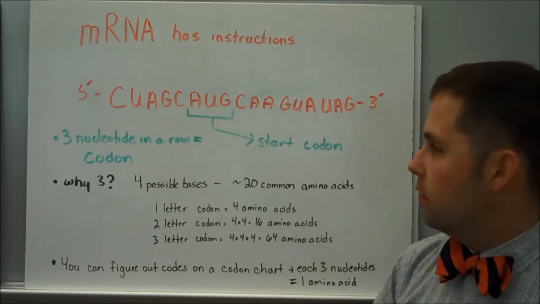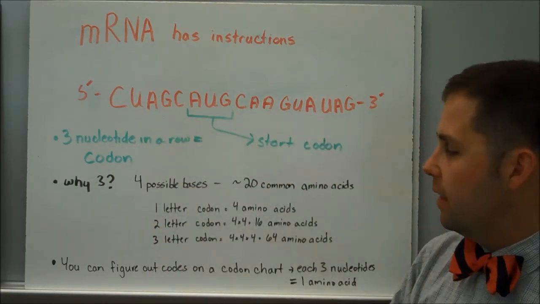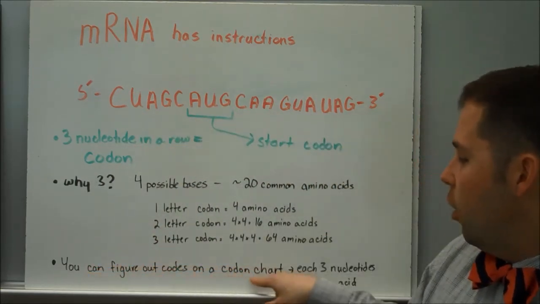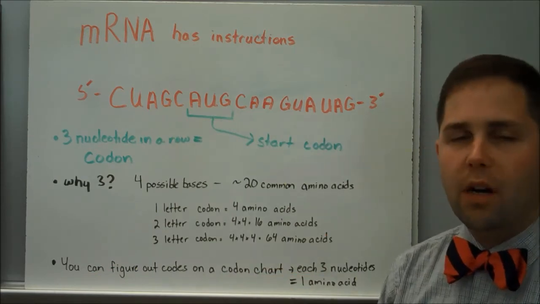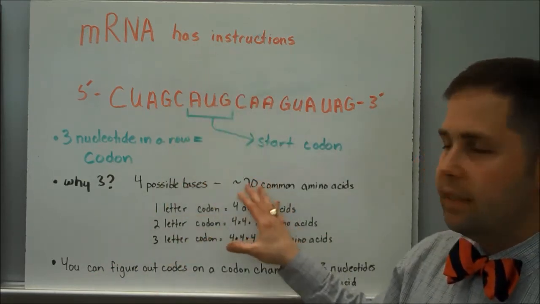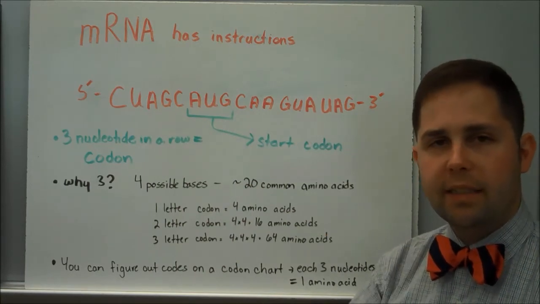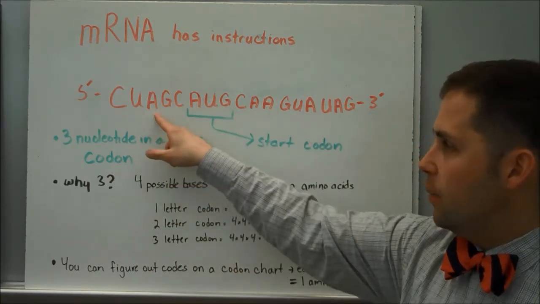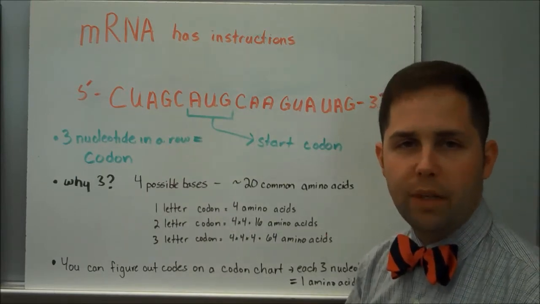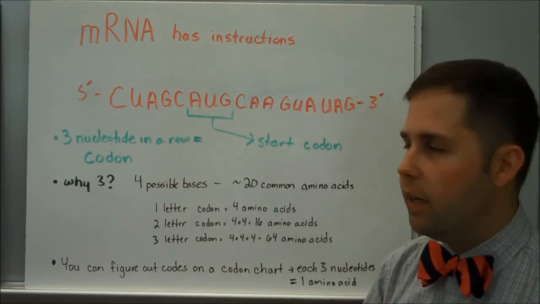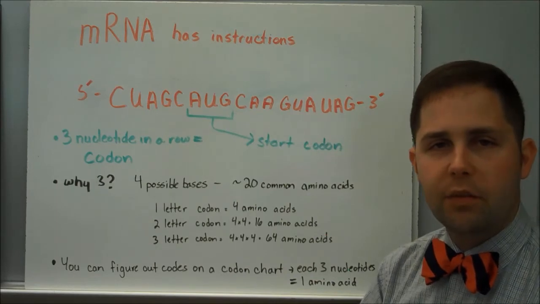Now, you can figure out how to translate a sequence like this into a protein using a codon chart. I didn't want to draw a codon chart into this presentation, but a codon chart presents, in a nice succinct manner, all 64 combinations of 3-letter codons and what amino acid each combination refers to.